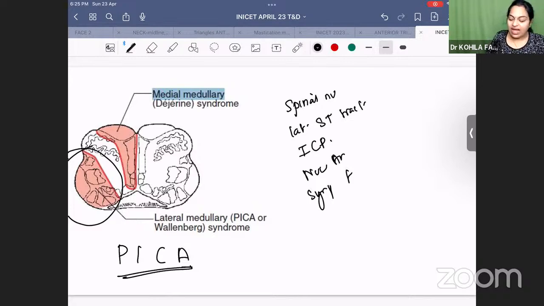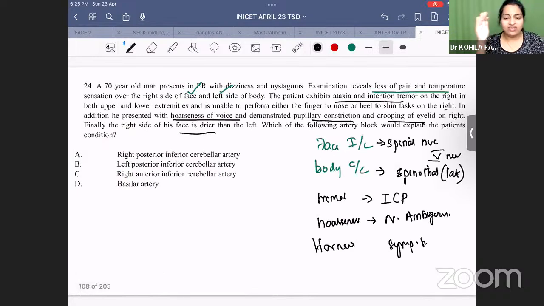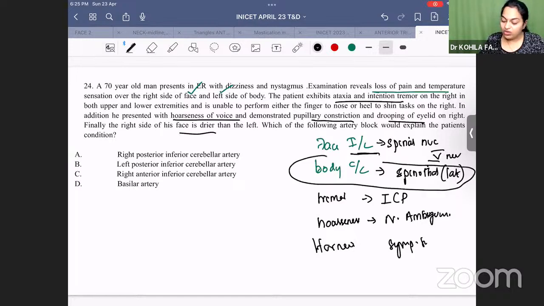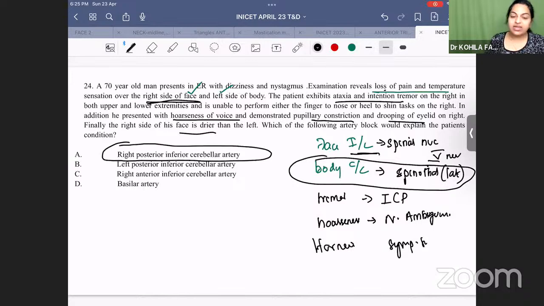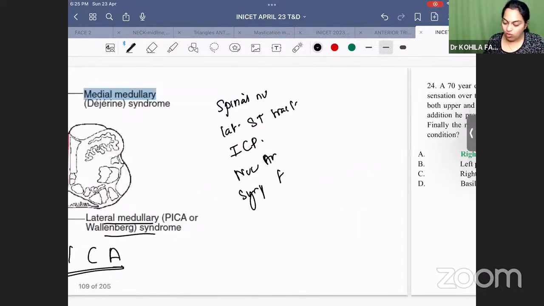So that's the lateral medullary syndrome or Wallenberg syndrome. Whether it's right or left, as I told you, face is ipsilateral. The only main thing contralateral is the spinothalamic tract. So what is that? Loss of pain and temperature from the right side of the face. So the diagnosis clinching here, right? Posterior inferior cerebellar artery is involved. Wallenberg syndrome, right?